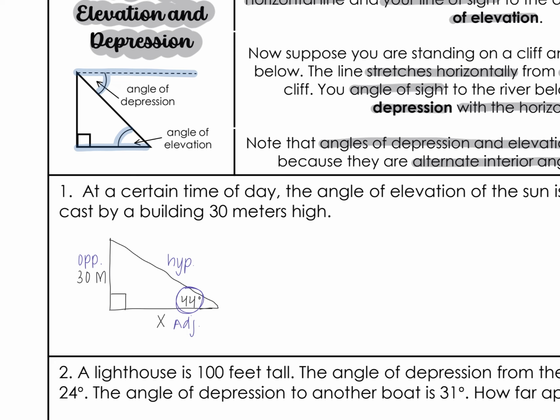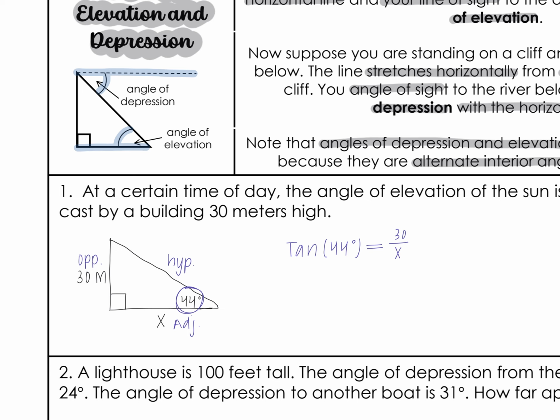Once you've done that, you can see here that you know your opposite. You are finding your adjacent. That is going to be our tangent. So tangent of theta, 44 degrees, is equal to my opposite, 30, over my adjacent, x. Once again, we still always need to see our trig ratio equation.